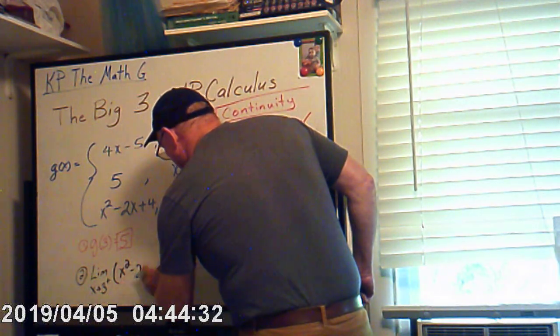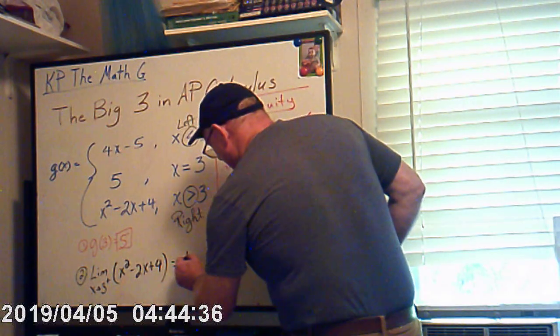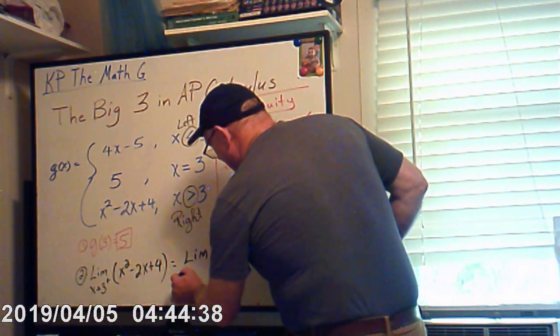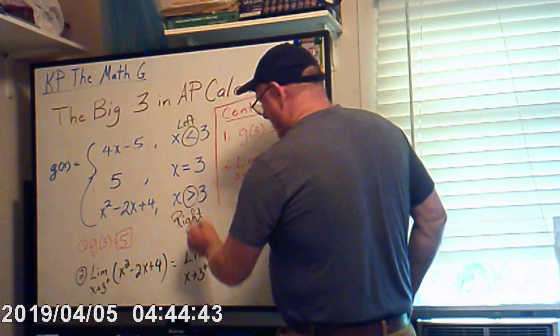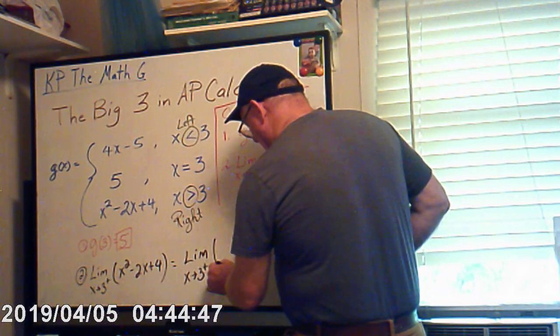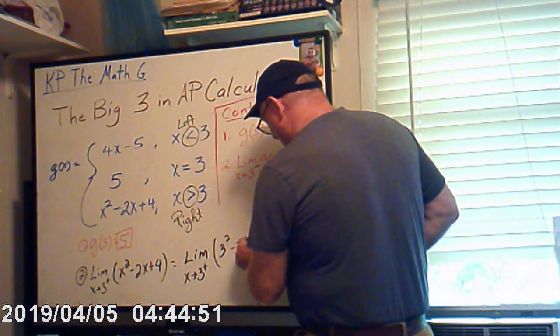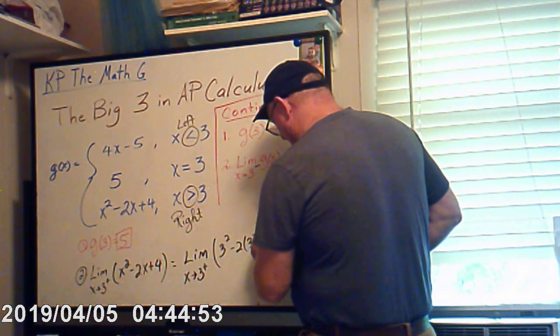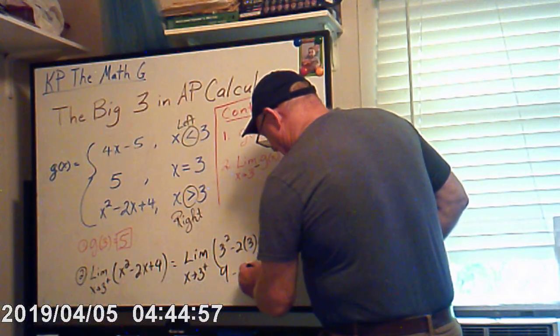x squared minus 2x plus 4. The limit as x approaches 3 from the right, because it's greater than. Now let's plug it in. 3 squared minus 2 times 3 plus 4. 9 minus 6 plus 4.